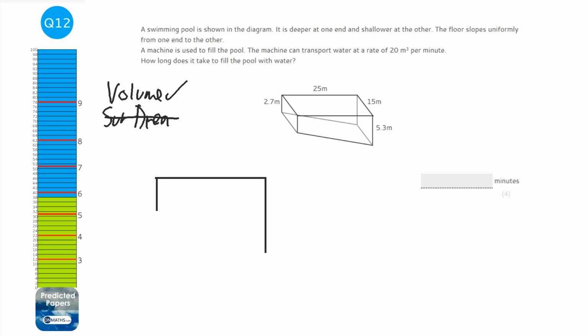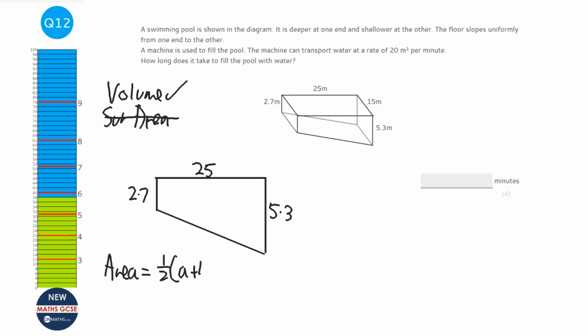So I'm going to draw the trapezium out first. That height is going to be 2.7, that side 5.3, and 25 across. I'll leave off meters because I know they're all in meters, but do check they are all in meters when you do this. So first of all, work out the area. Now the area of a trapezium is half (a plus b) times h.